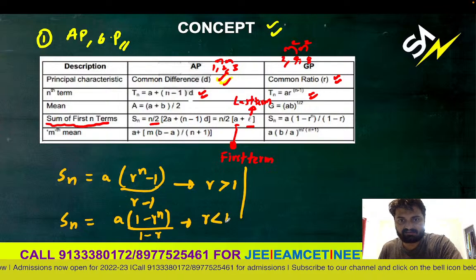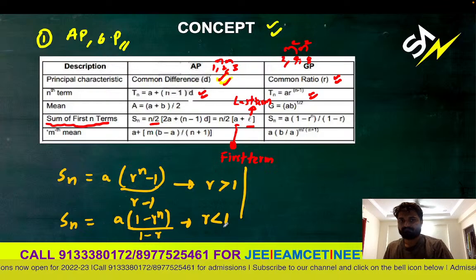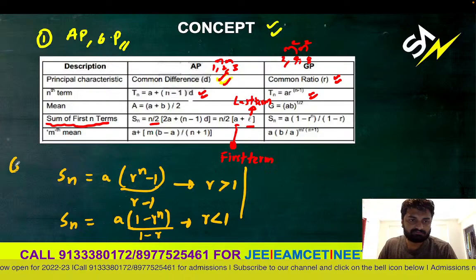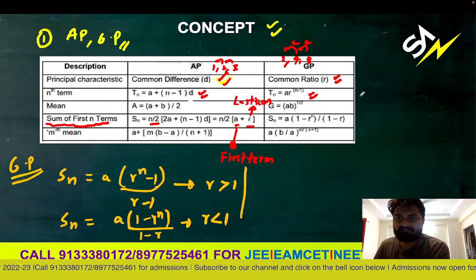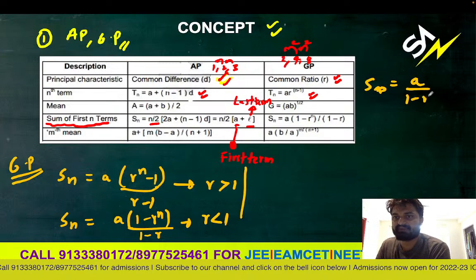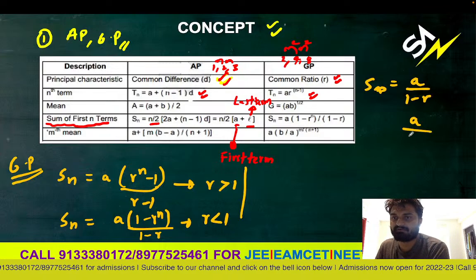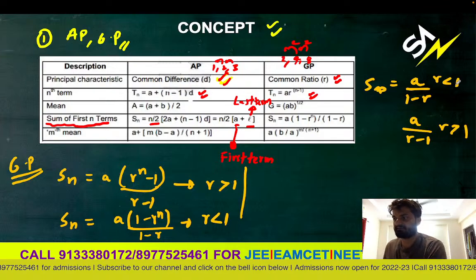This is when R is less than 1. So this is about the geometric progression. And when you have an infinite series in a geometric progression, it is A by (1 minus R), or A by (R minus 1). This is when R is greater than 1. This is when R is less than 1.